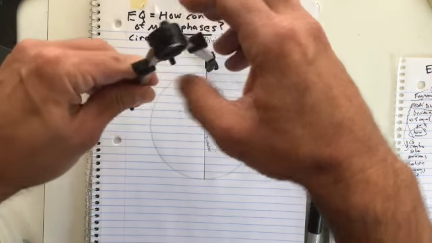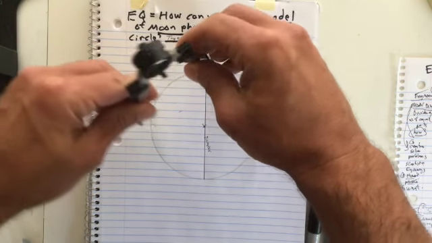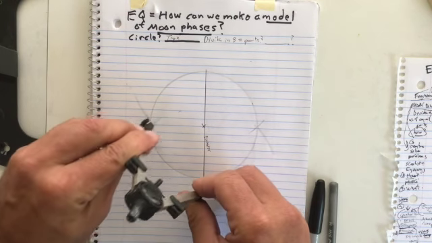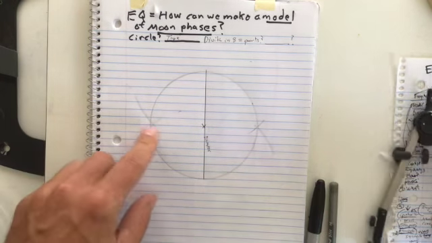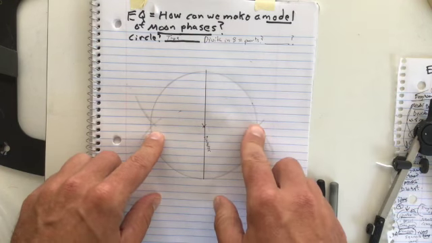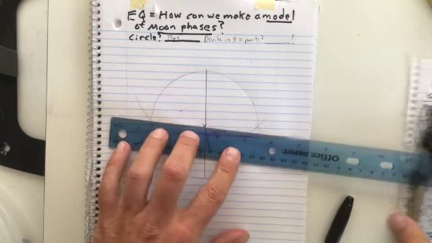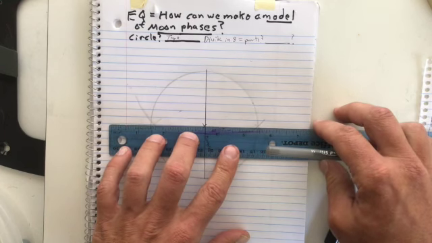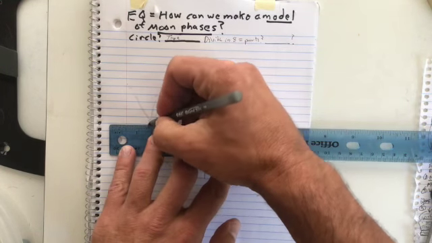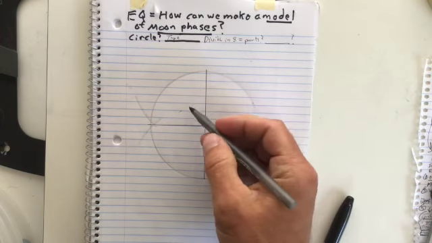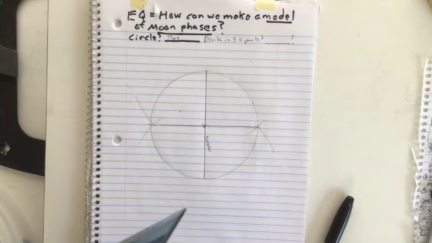I'm going to go to the other side, make an arc, and here make an arc. Now if you look, these arcs are about on that same line. I'm going to take a ruler again and draw a line from here to here. Now we've divided the circle into 1, 2, 3, 4 equal parts. This will work great for our model.